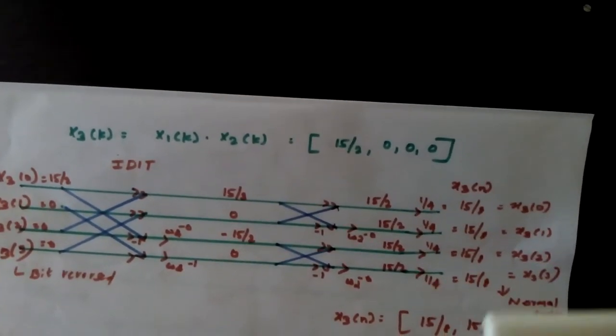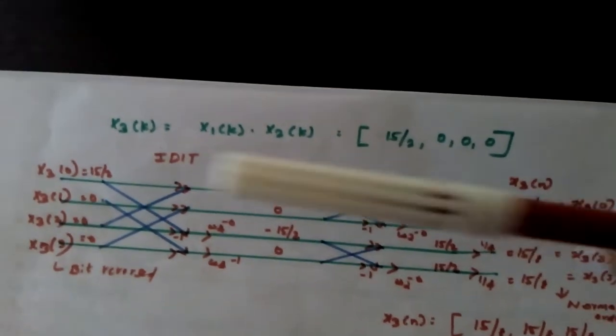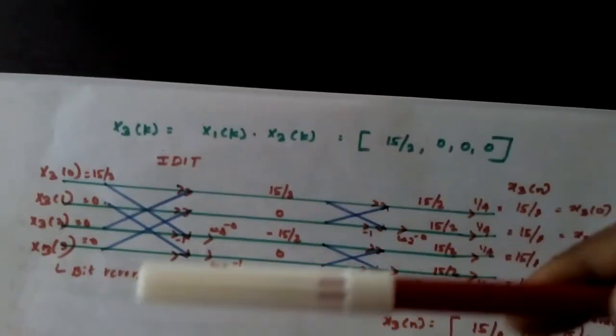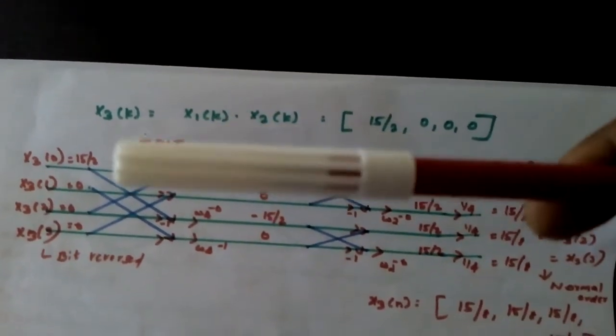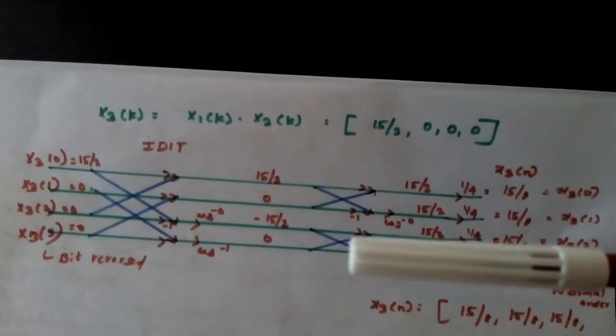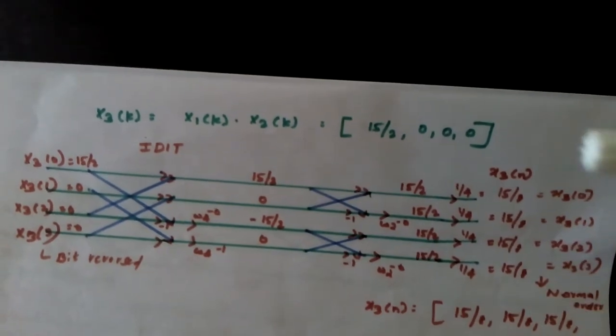We'll get the sequence in normal order. If we use DIF here, we have to draw 2 point, 4 point, and the resultant value will be in bit reversed order.